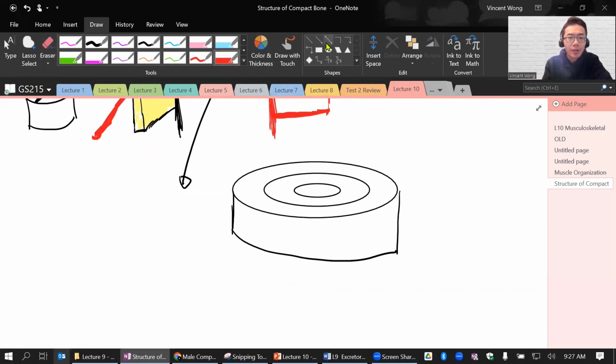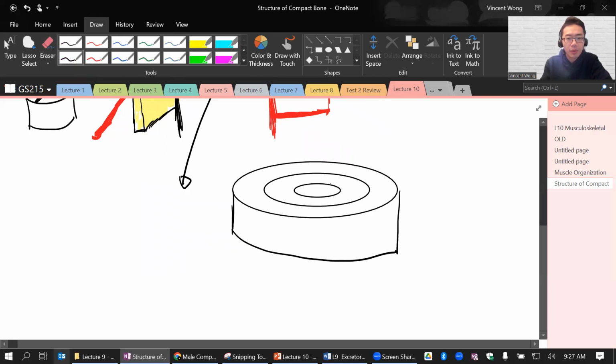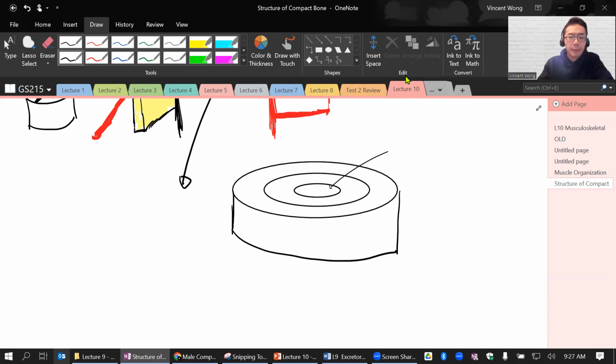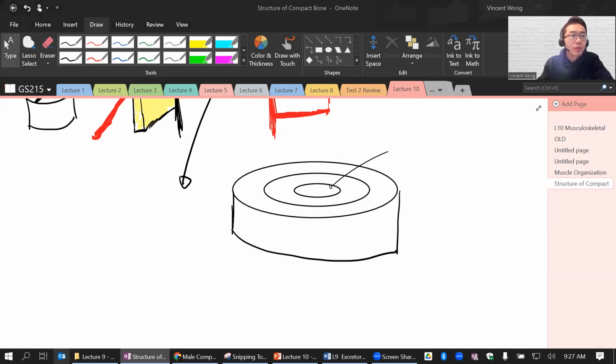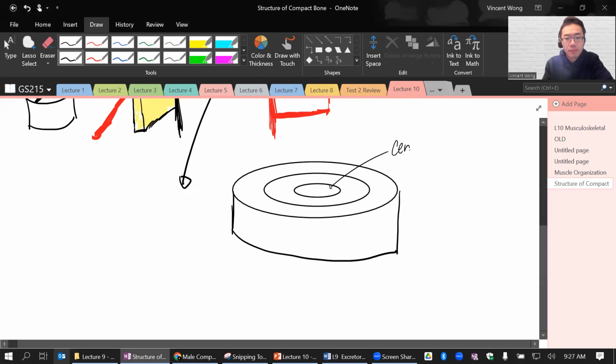So at the center where the blood vessels are popping out, that's called the central canal. Sounds very familiar, right? That's because it's the same word as the thing in the middle of your spinal cord. Okay? So again, it's where the blood vessels are going to be coming out from.